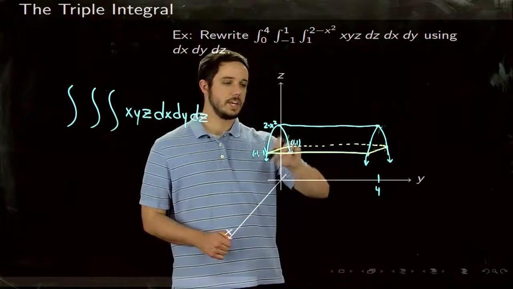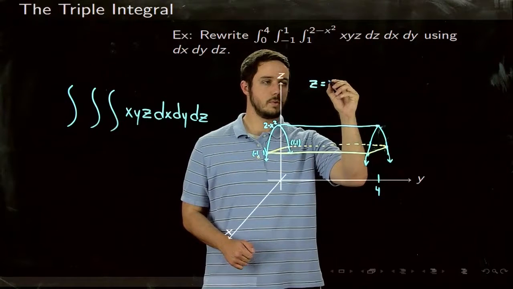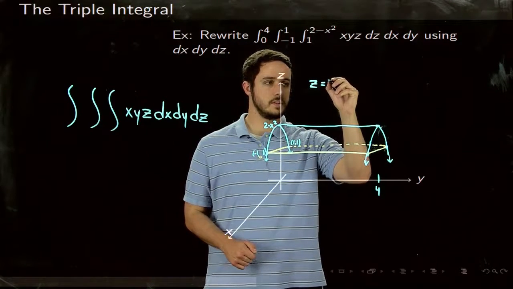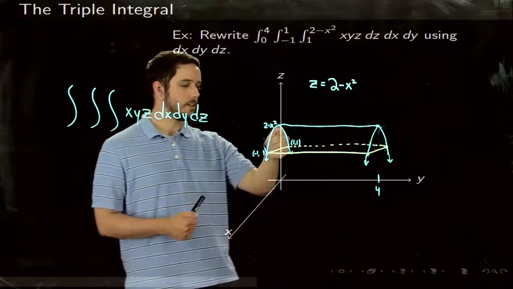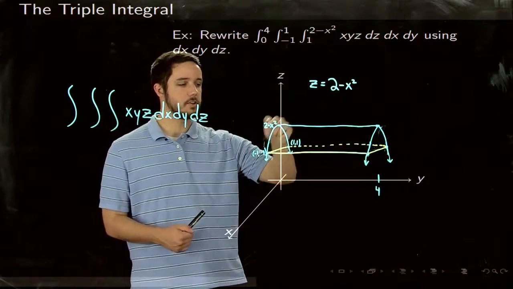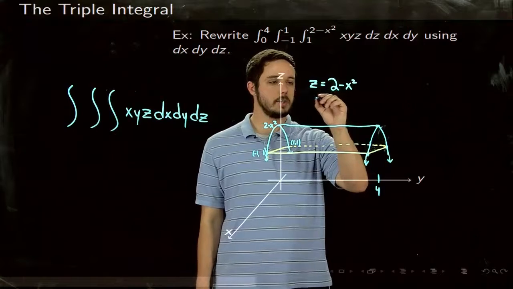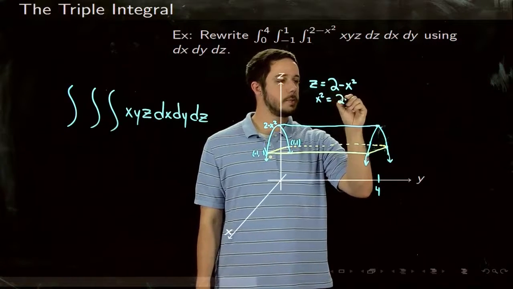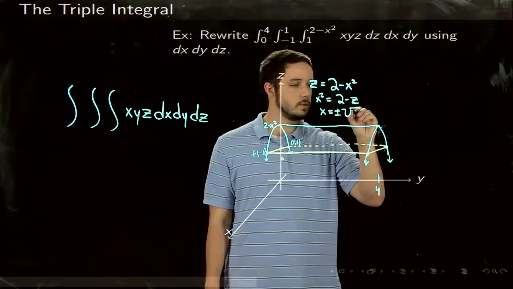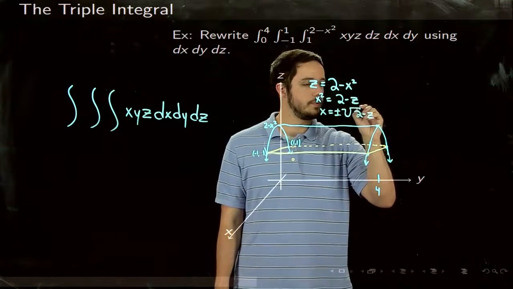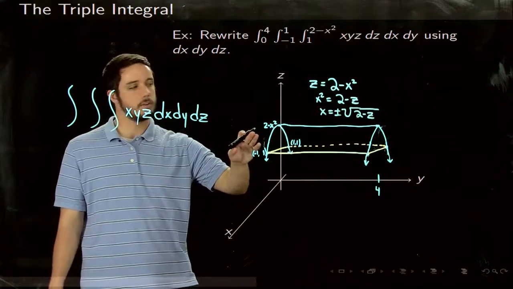Now, what is the equation of this parabola in general? The parabola that's graphed is z equals 2 minus x squared. And we want to describe x in terms of z to have our two bounds for x. So we need to solve for x in this. So if we solve for x, we get x squared is 2 minus z. So x is plus or minus the square root of 2 minus z. So that means that one of these sides is x equals negative square root of 2 minus z.